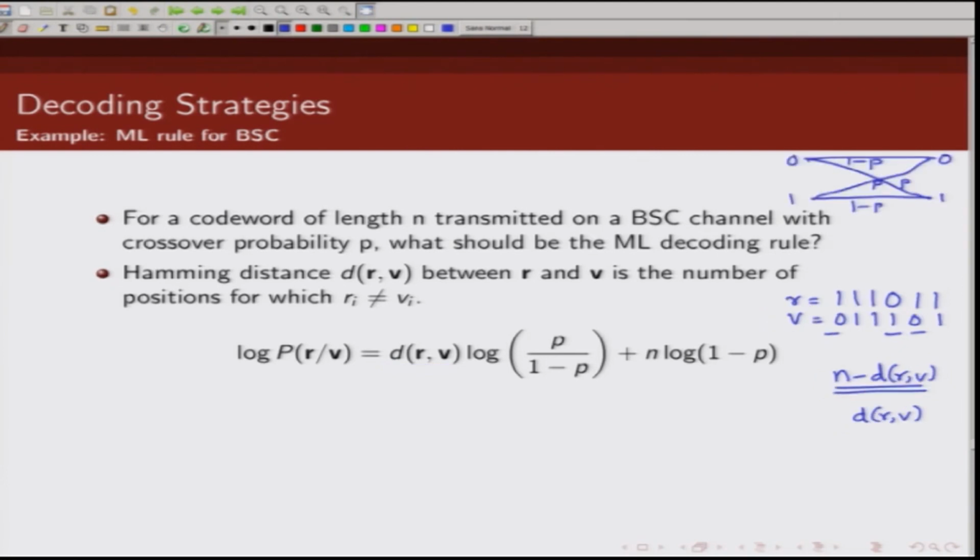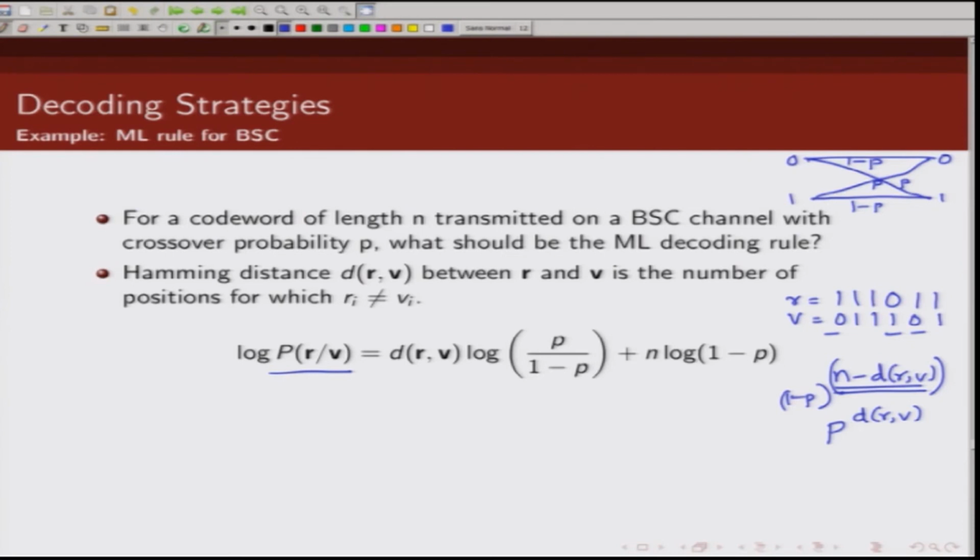So, what is the probability that d bits got flipped? That is given by p raised to the power d(R,V), and the probability that n minus d bits were received correctly is given by 1 minus p raised to the power n minus d. So, we can write the probability of R given V as p to the power d into 1 minus p to the power n minus d.